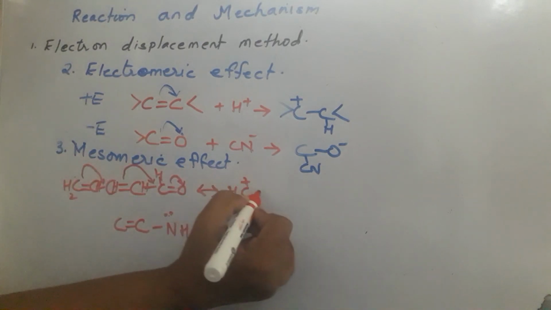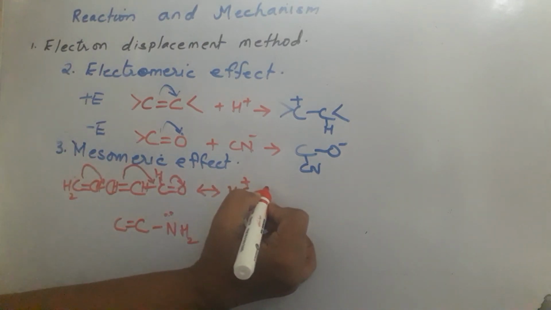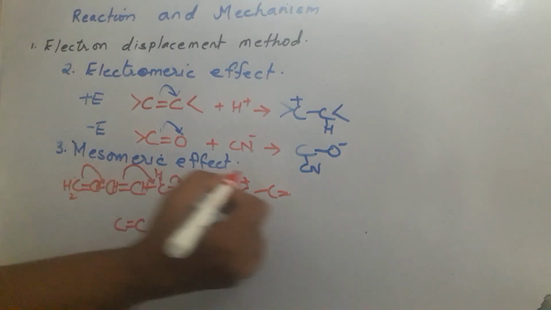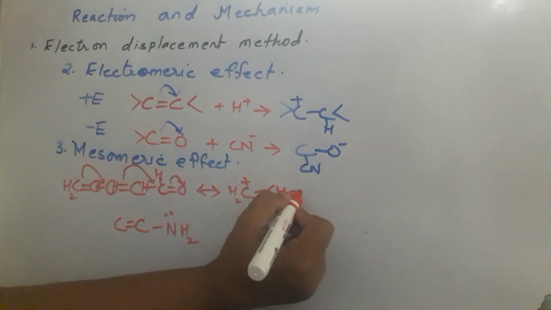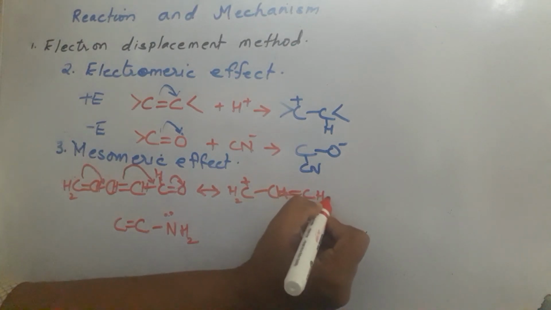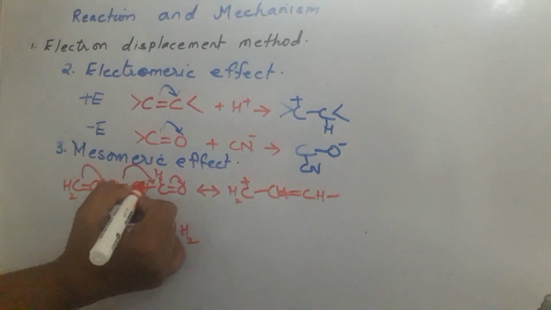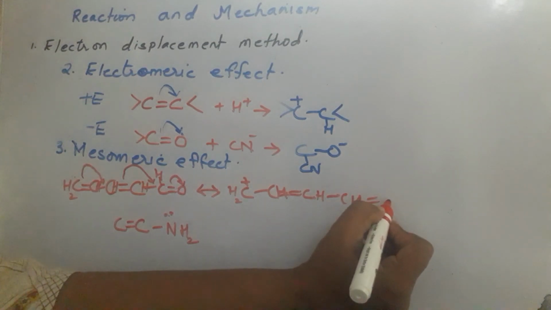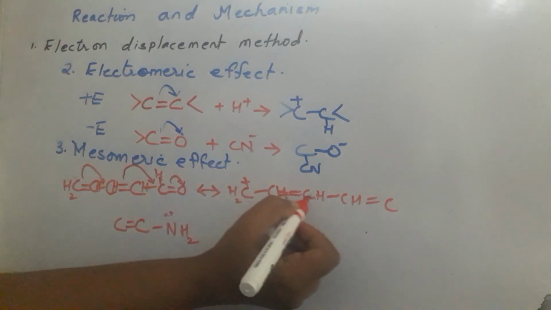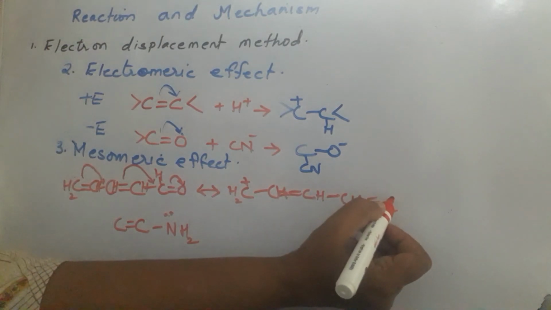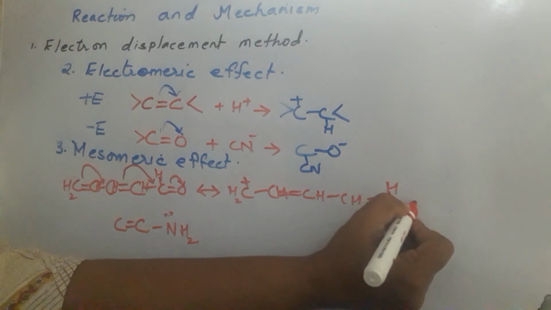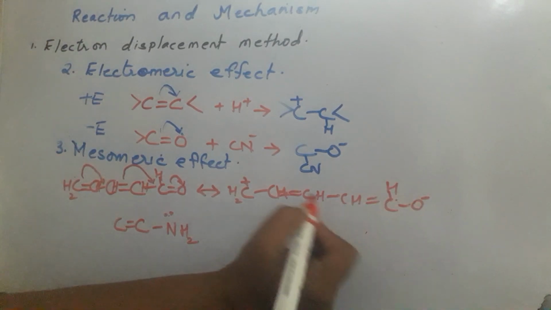Now the carbon has a positive charge, then a double bond, CH, single bond, CH, double bond, CH, and now this is CHO, where oxygen has a negative charge.